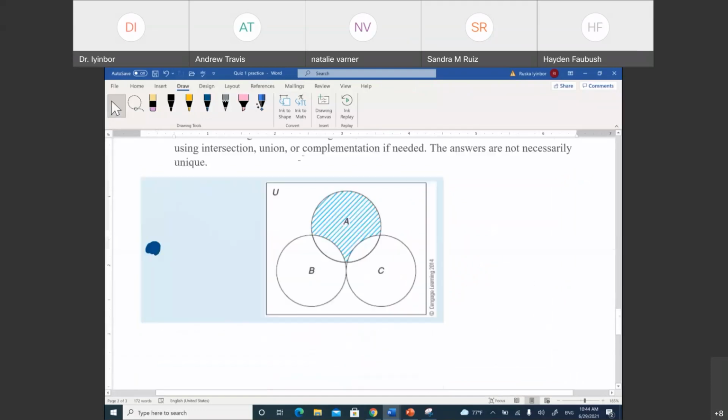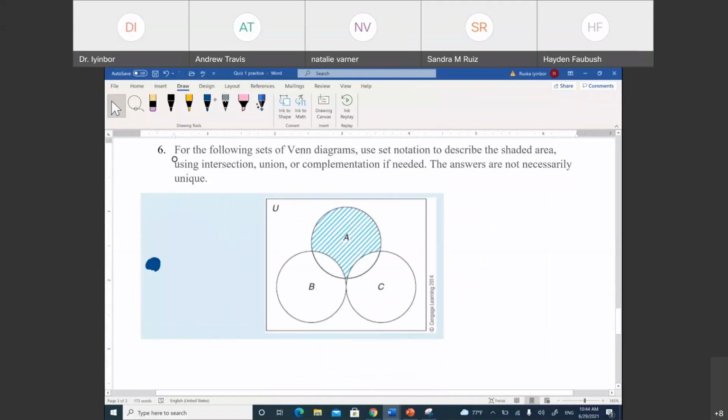So here we have to use the symbols for intersection, which is this symbol here. Union is this symbol. Complementation is the little C, if you need those three symbols. These are operations between sets: intersection, union, and complement, whatever you need to express this shaded area.